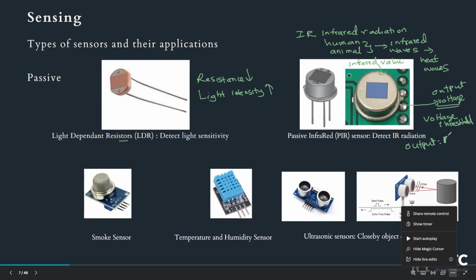The output will be 1 if the difference between the output voltage and the voltage threshold is above a certain value, and the output will be 0 if the difference is below that threshold. So the output from this PIR sensor will be either 1 or 0 from the output pins, and it will give us whether a certain person is there in the environment or not.